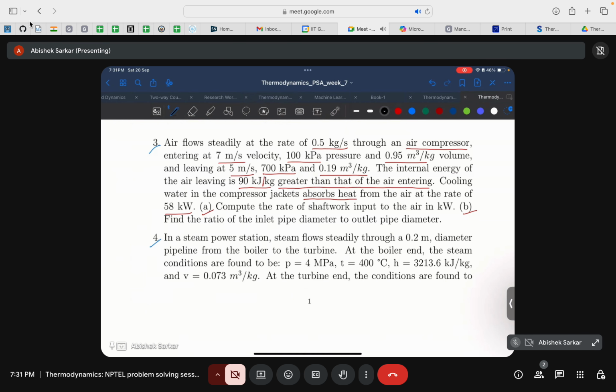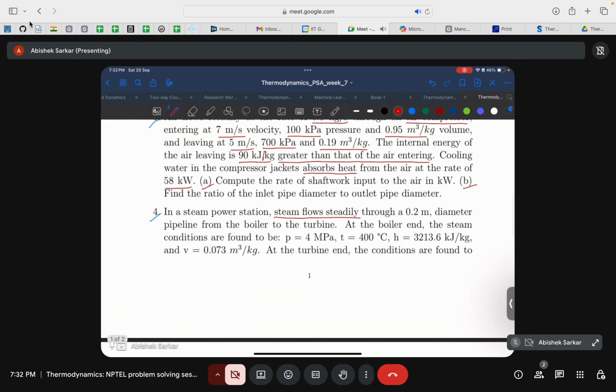Next question: in a steam power station, steam flows steadily through a 0.2 meter diameter pipeline from the boiler to the turbine.